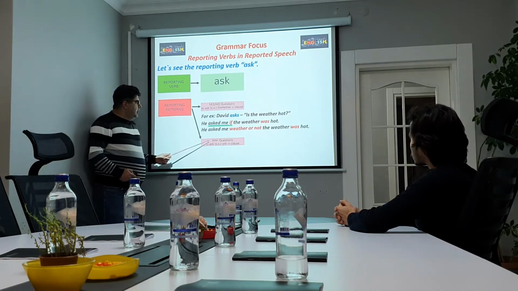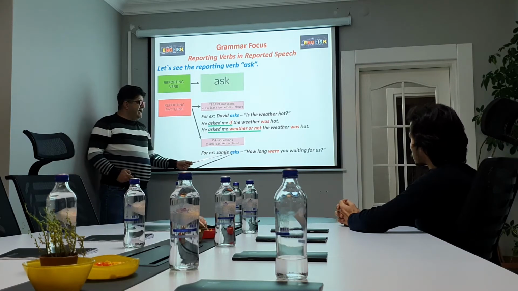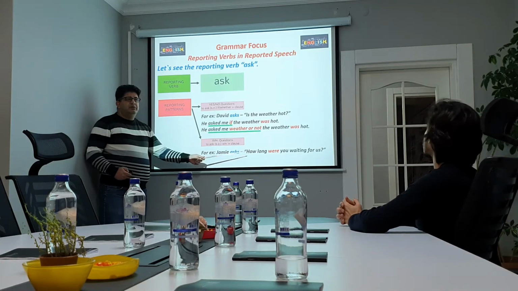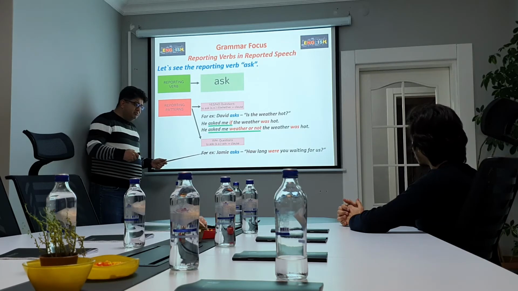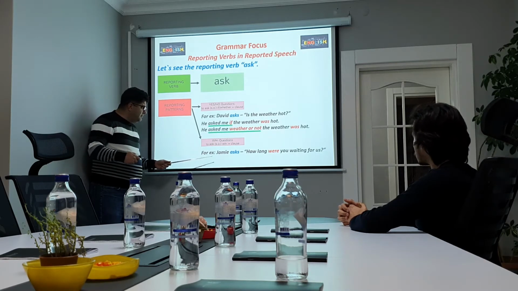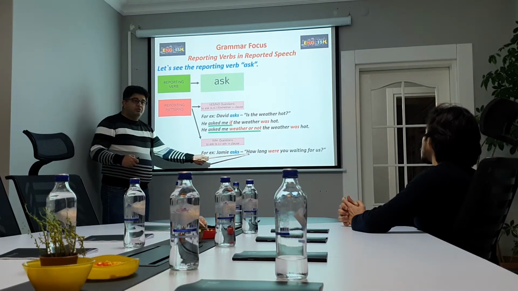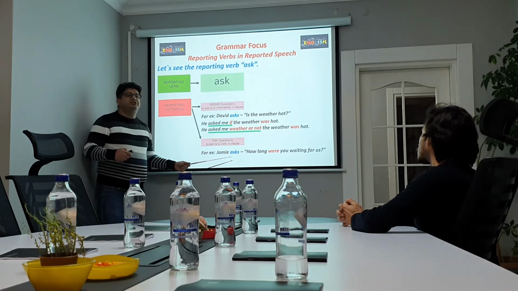For wh-questions, example, Jamie asks, "How long were you waiting for us?" While we're turning it into indirect form, this time not asks, because it's not a yes or no question. It's a wh-question. This time I say Jamie wanted to know how long.